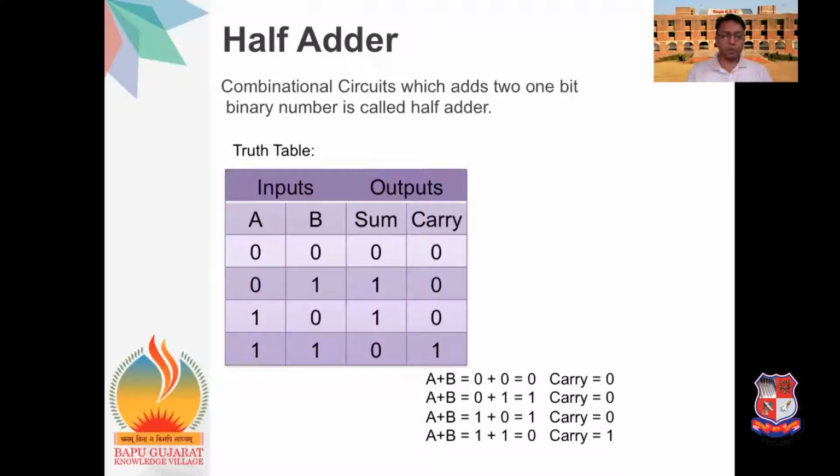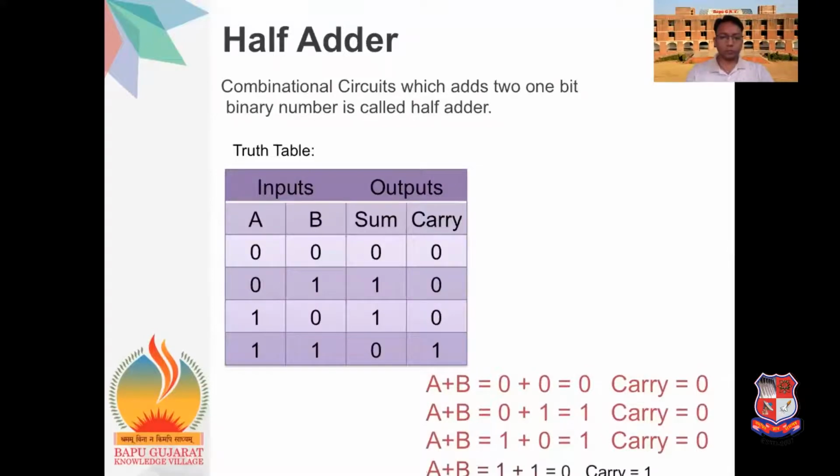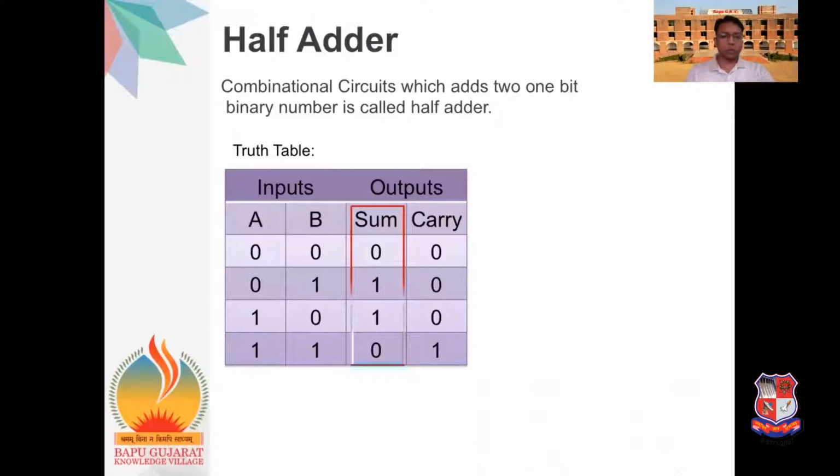Now let's see the logic expression for the sum. How to find the logic expression for the sum? Here in the column of the sum, there are 2 ones. In the first, the combination 0 1 is represented, and in the second, the combination 1 0.